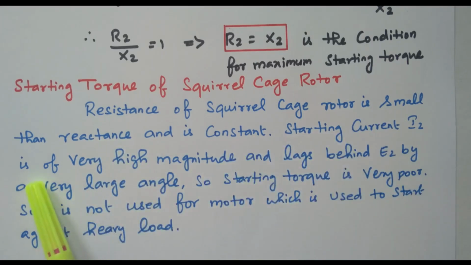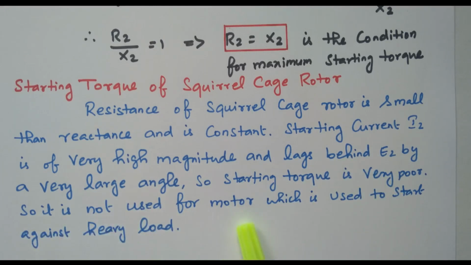Starting current I2 is of very high magnitude and lags behind E2 by a large angle. So the starting current is very high, but the starting torque is very poor because the current is lagging the voltage E2 at a very large angle. So the starting torque is very less.